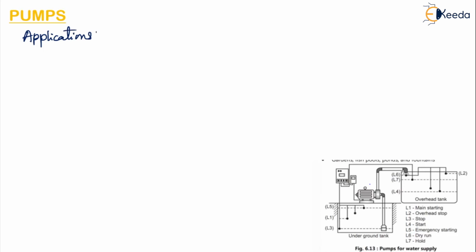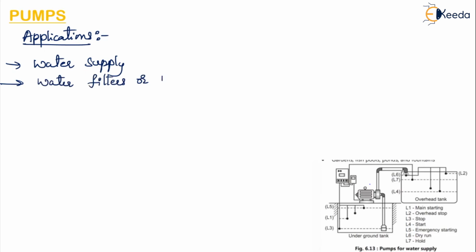Okay, then now we will see what are the applications of these pumps. So pumps are used for water supply. Okay, they are used for water filter or purifier units. Okay, and they are used for pumping liquid from a bore well or borehole.